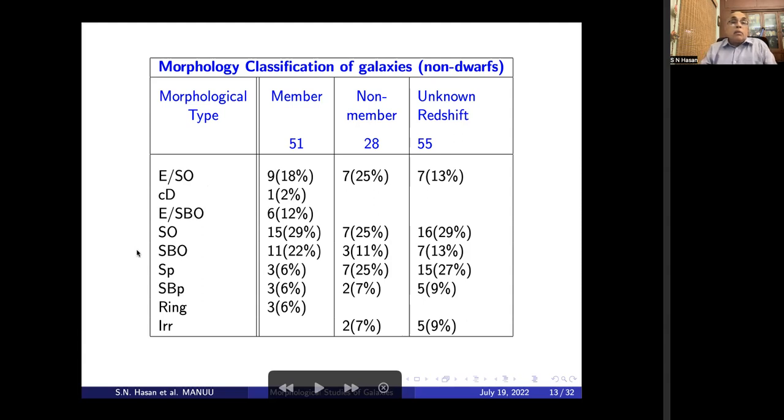And we have a lot of lenticulars, 29%, and lenticulars with bars, 22%. For non-members, these are the figures. And for unknown redshift galaxies, these are the values: 13% for ellipticals, lenticulars, 29% lenticulars, and so on.